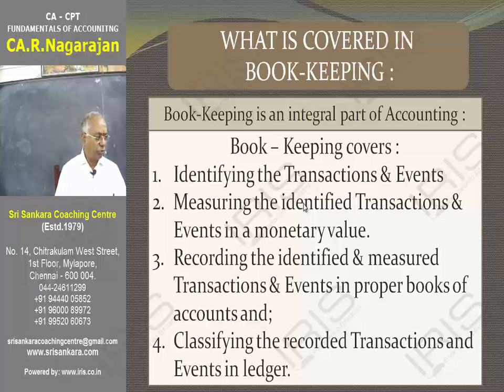What are the proper books of account? They can be entered through journal proper, cash book, or books of primary entry, the other subsidiary books or subsidiary ledger, which are the 3 segments of books of prime entry we were talking about. The general ledger is not a book of prime entry. That is what we have to consider in the 4th. What is the 4th job we said we have to do? Classifying the recorded transactions and events in the ledger.